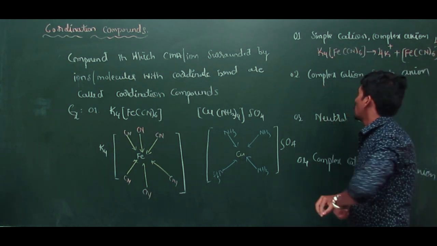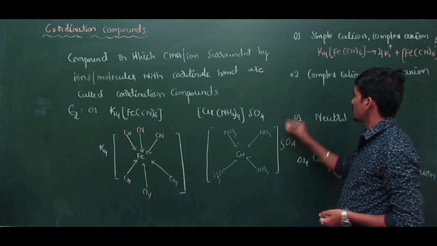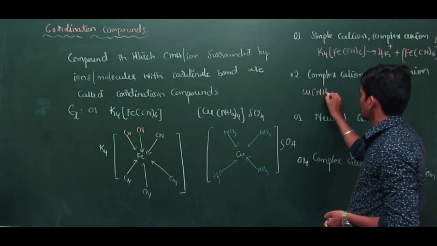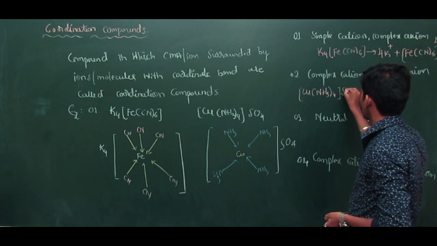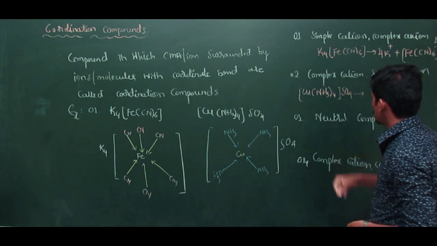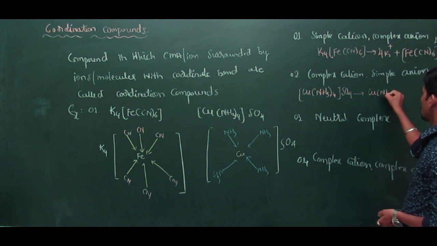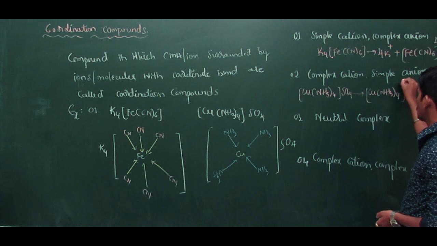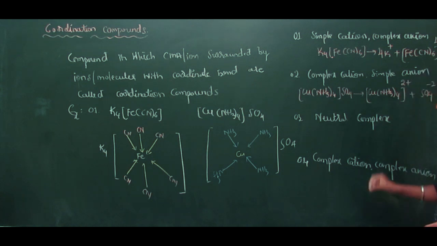Second example, complex cation and simple anion, that is ammonium sulfate. On dissociation, which gives [Cu(NH3)4]2 plus and SO4 2 minus.